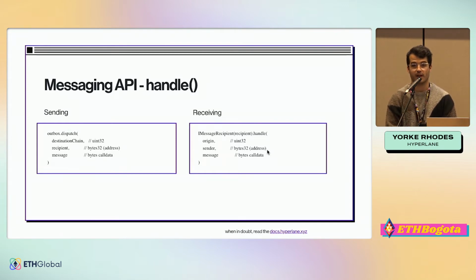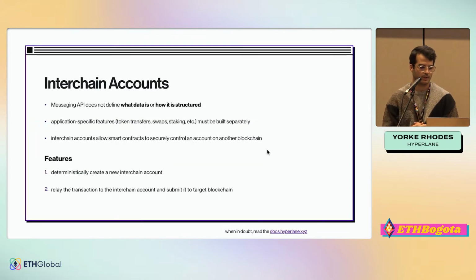Again, we've built out a bunch of developer tooling to make that much easier, but I want to talk about this concept of interchain accounts, which is basically a middleware implemented on top of the messaging API that slightly constrains the message encoding, but makes your job as a developer potentially much easier in terms of orchestrating and deploying and managing your app across N chains.